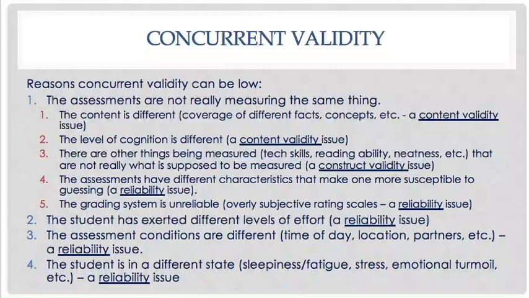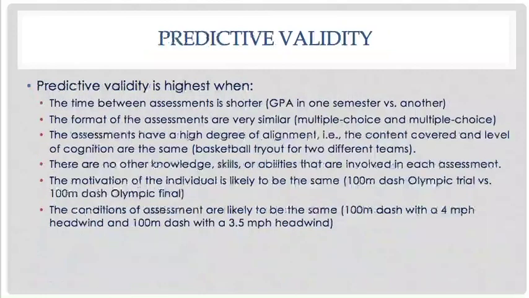When we think about predictive validity, right, it can be high or low depending on a variety of factors. One, if the time between both assessments is short, I will typically have higher predictive validity. When the time between assessments is really long, I get lower validity.